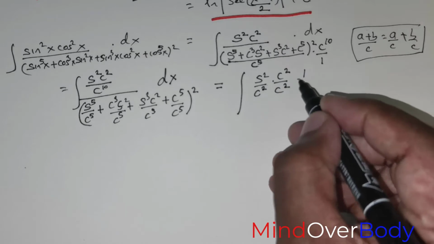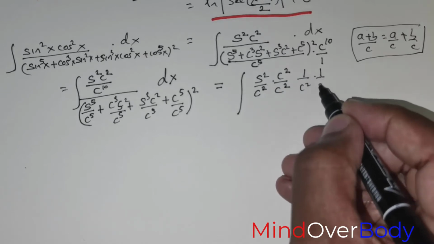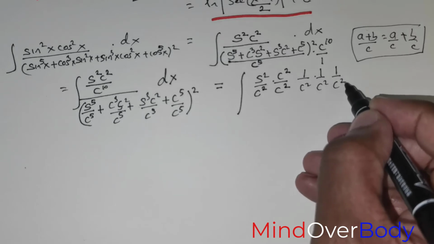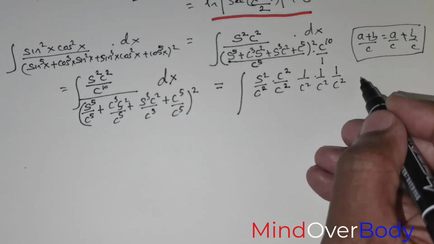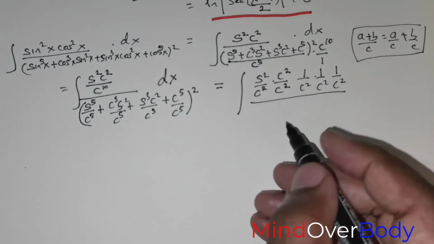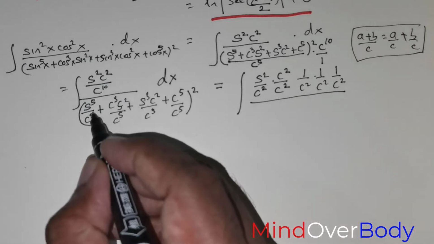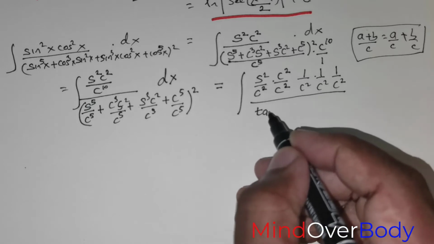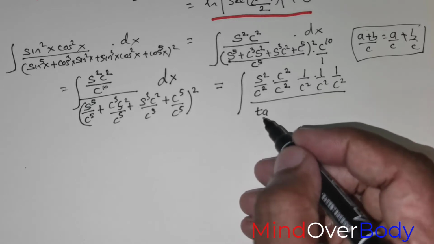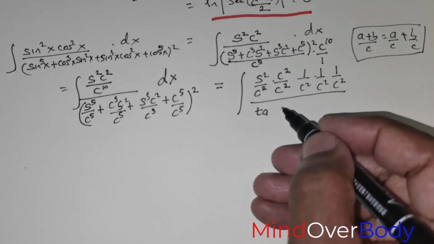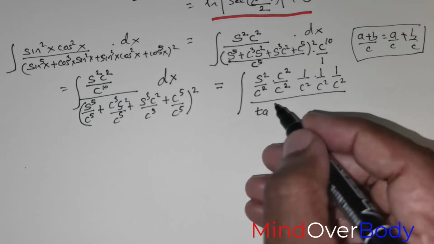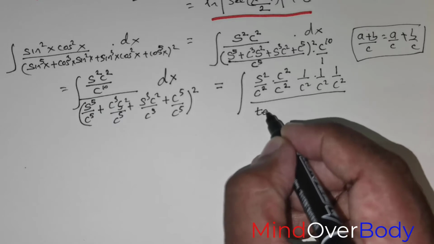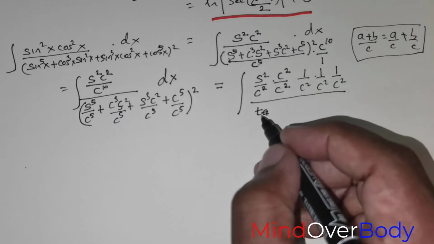So I get 3 more c squared, so it's going to be 1 over c squared times 1 over c squared times 1 over c squared, that is divided by s over c, that's nothing but tan, right?